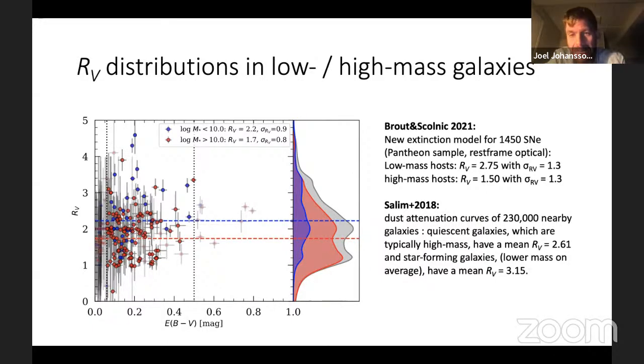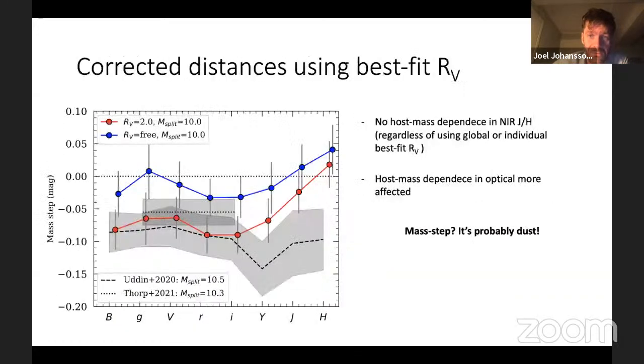So there's this Salim 2018 paper where they look at attenuation curves of nearby galaxies, and you find roughly the same trend, that high mass galaxies have slightly lower RV, and star forming lower mass galaxies have slightly higher RVs on average. We can skip this. I'm running out of time.